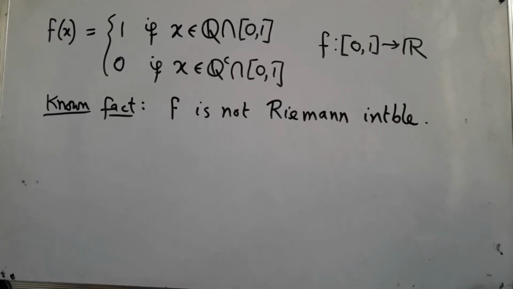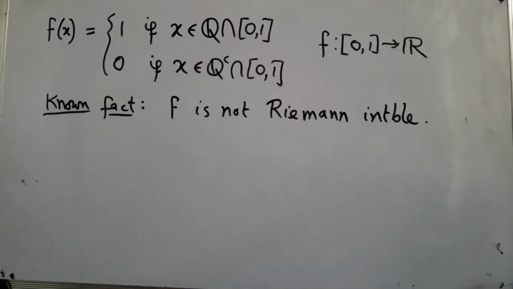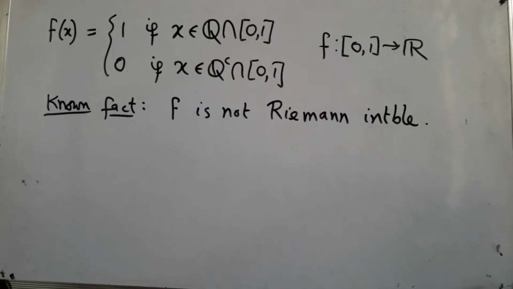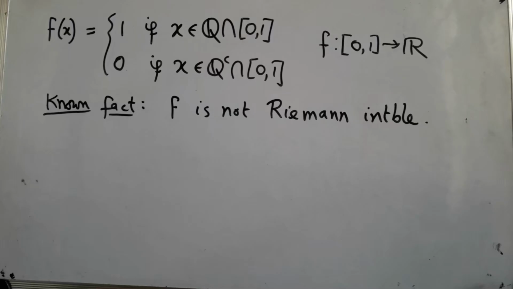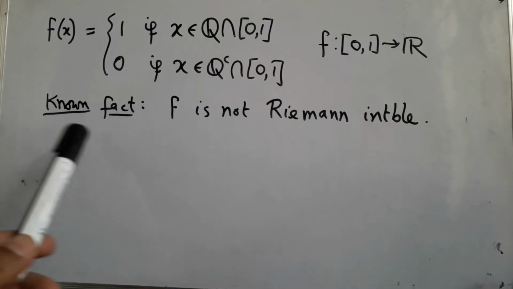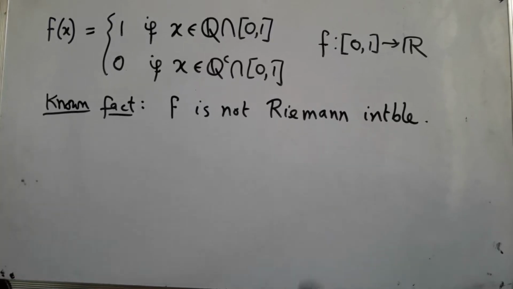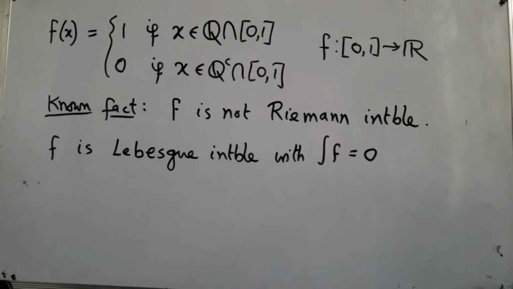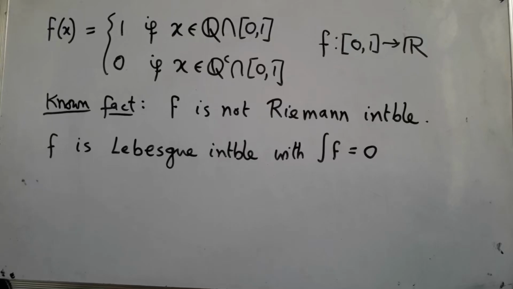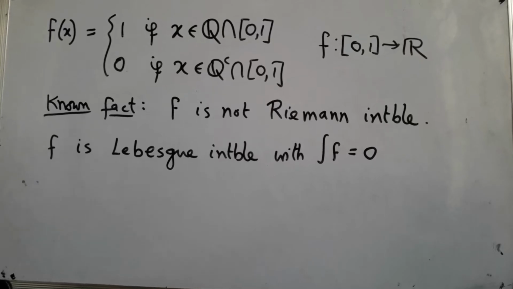In this exercise, we are going to see precisely one such example where I give you the same function, the Dirichlet function. It is a known fact that f is not Riemann integrable. You have to show that f is Lebesgue integrable with the integral equal to 0.